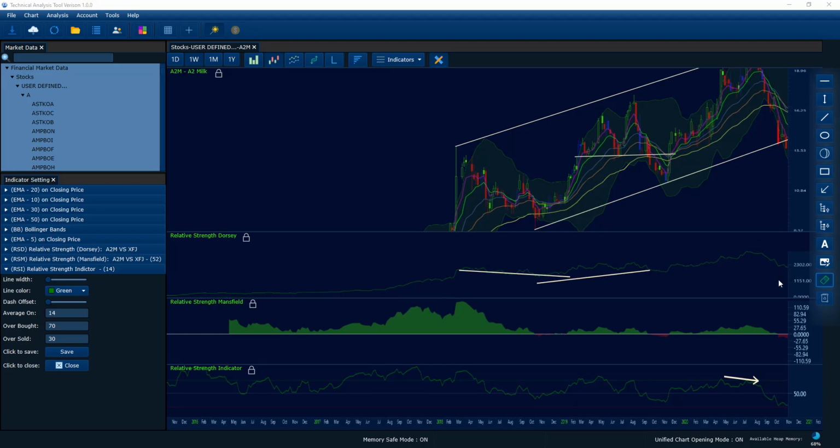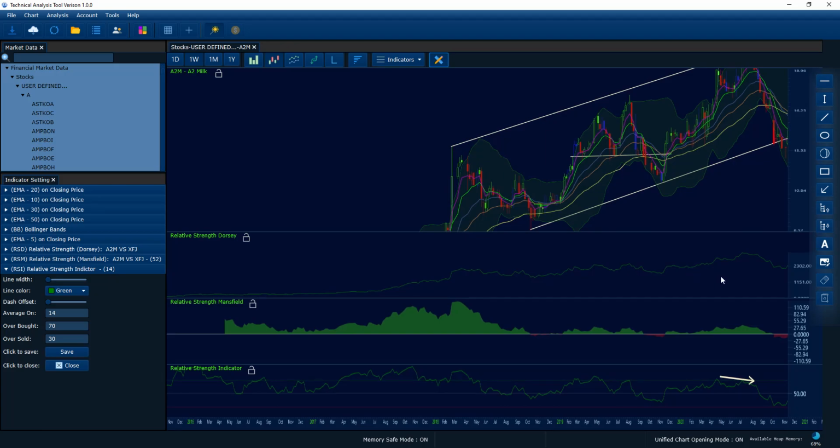Let's close that one and get rid of this too. So if you draw the RSI trend line, when it breaks down from here, it's pretty much at the same time. It's about this one, I think.